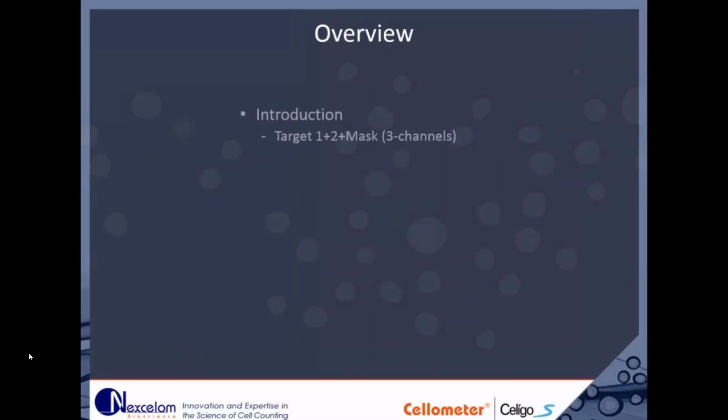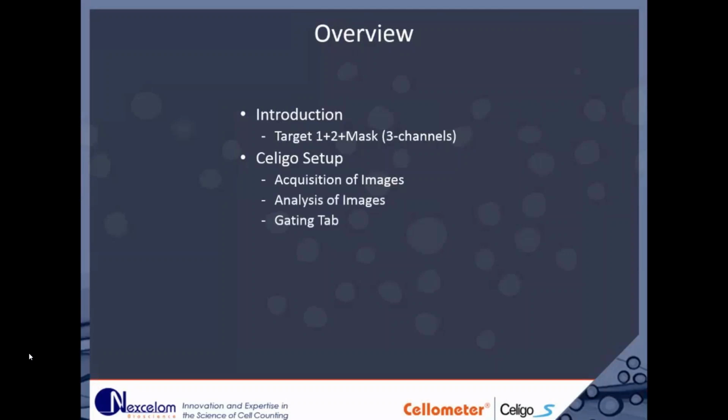So that's when I want to show you how you can acquire your viability application images using 3 channels instead of just the 2-channel application. So today we're going to cover how to use the Target 1+2 plus mask application in Expression Analysis Suite, and we'll go over how you actually set up the Celigo starting on the Scan tab, how to acquire the images, making sure you have the right settings for focus and illumination, and then how to set up the analysis of the images so you can have proper segmentation.